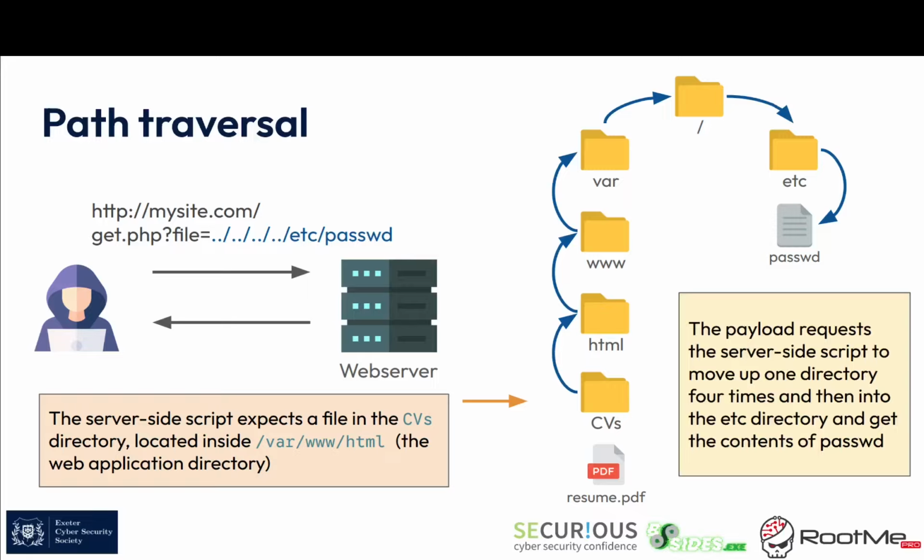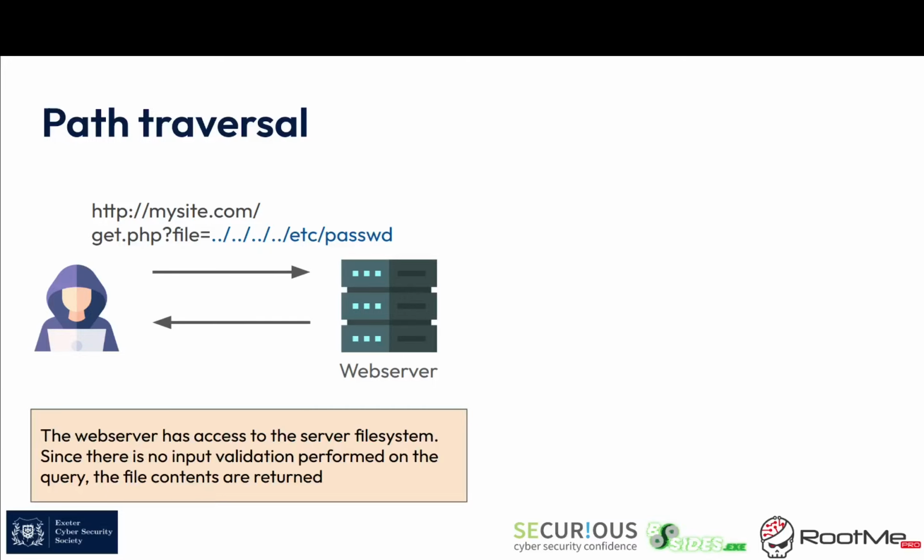Now the payload will request the server-side script. It will go up, and because there's no input validation in the file_get_contents function, the web server accepts that as a perfectly acceptable file to show the contents of.